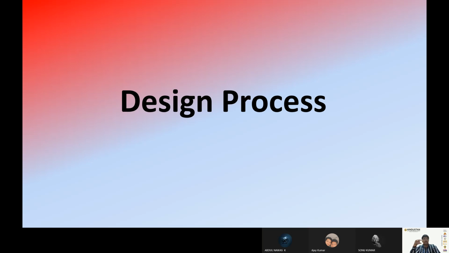Right? Side effect doesn't mean that it will be only on medicines. It is not like that. It will be for any type of tools or any type of design. So defining the problem is very important. We need to validate the particular problem. We need to identify the problem.